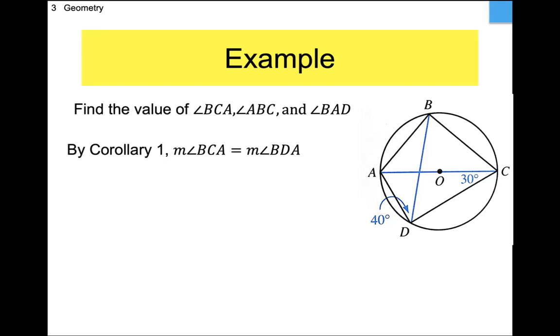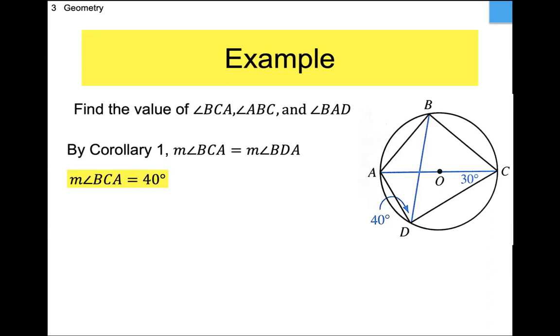We know that the arc is double the inscribed angle, so it's got to be 80 degrees for arc AB, but they're not asking me for the arc AB. They're asking me for the angles. If two inscribed angles make the same arc, then those two angles are equal. So 80 isn't the answer. They're looking for the angle. So angle BDA is 40 and angle BCA is also 40 because they make the same arc AB, and BDA is labeled as 40. All right, first one down.